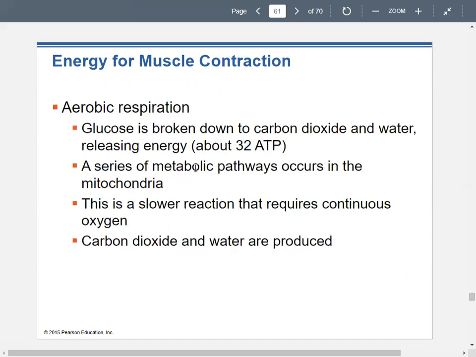Metabolic just has to do with chemical reactions, okay? And this is slower, right, because it takes more steps. And it requires continuous supply of oxygen. And as byproducts, you're going to generate carbon dioxide and water. All right, and you think about that, ever thought about why you have to exhale carbon dioxide? We talk about breathing in oxygen, exhale carbon dioxide. Because your muscles are generating it, and you got to get it out. Okay?